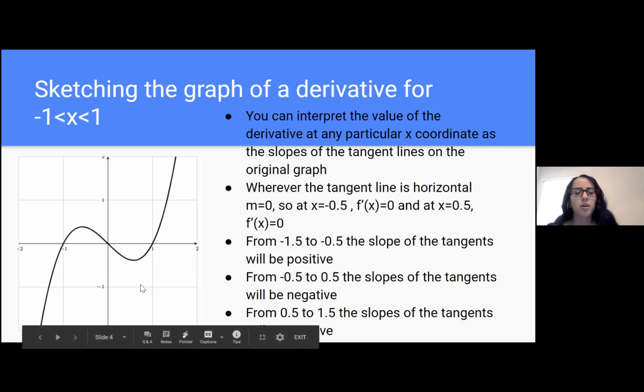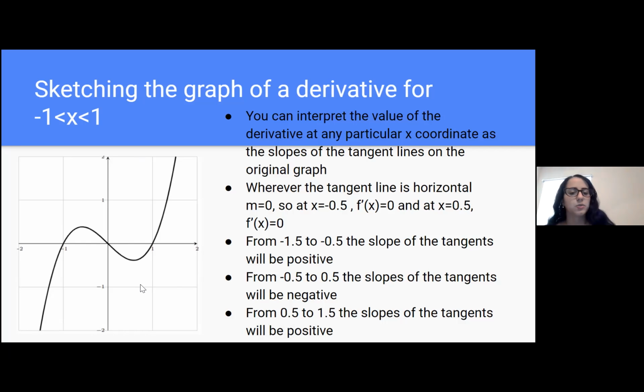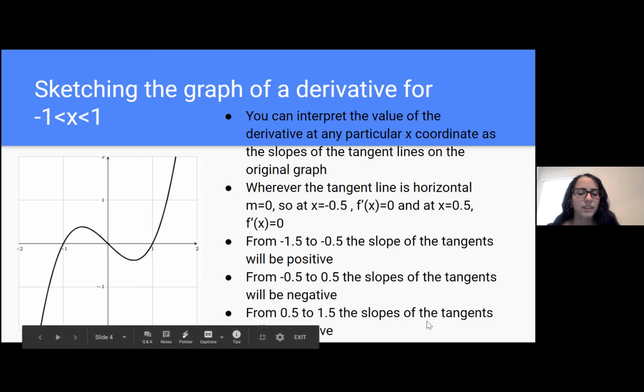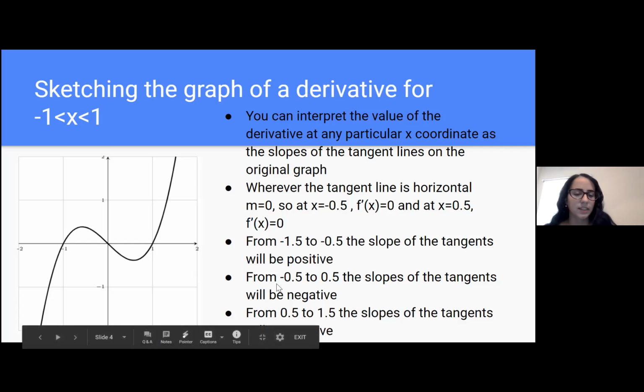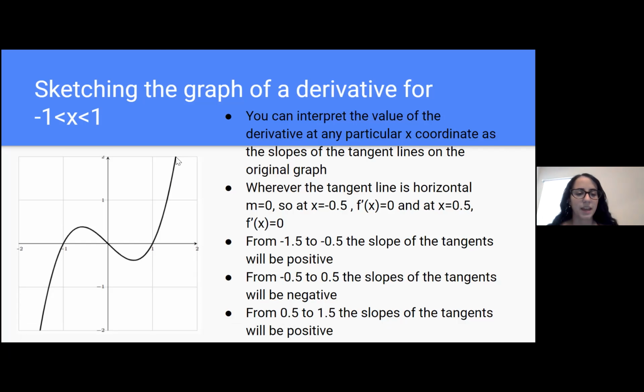From negative 1.5 to negative 0.5, the slope of the tangents will be positive, because at any point in that range, the slope of the tangent line will always be positive since the function is increasing. From negative 0.5 to 0.5, the slopes of the tangents will be negative, because in that range the function is decreasing.